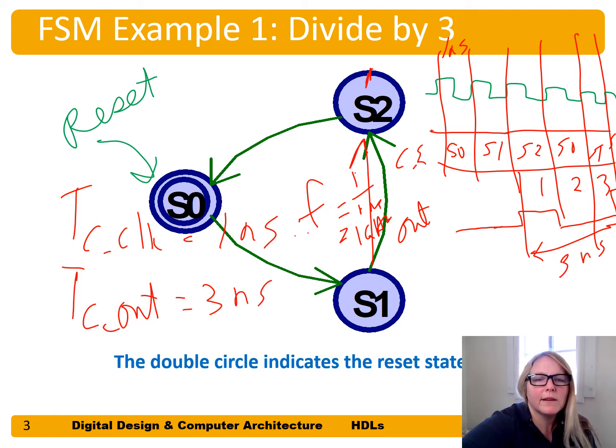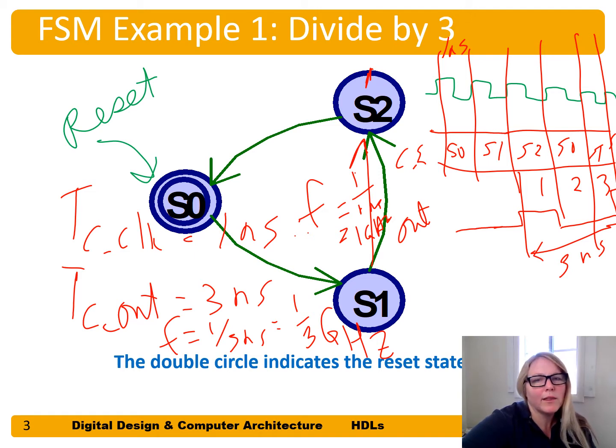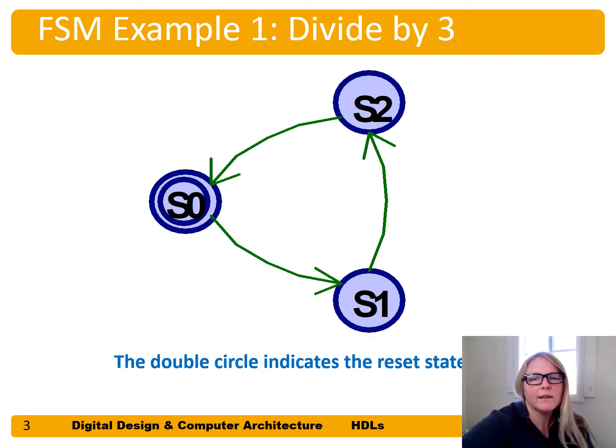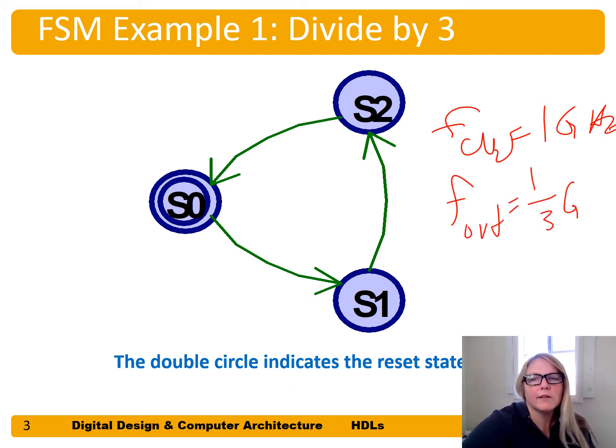And this frequency is 1/3 nanoseconds, or 1/3 of a gigahertz. And so it's a divide by 3 in that our frequency has been divided by 3. The clock frequency is, in the example we gave, 1 gigahertz, and the frequency of the output is 1/3 of a gigahertz.